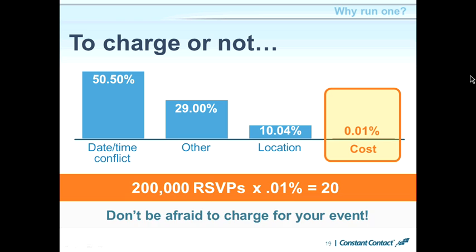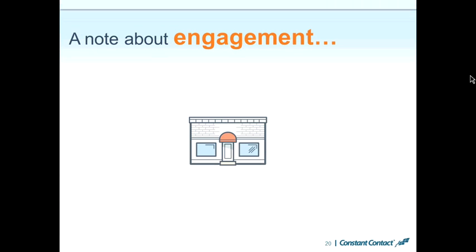So what's the takeaway here? The takeaway is don't be afraid to charge for your event. And what's important to consider is the value you're offering your attendees. So ask, is there a perceived value built into the event and your marketing of the event? And will people be willing to come out of their own pocket to attend?